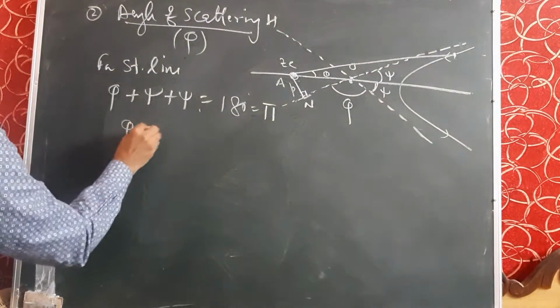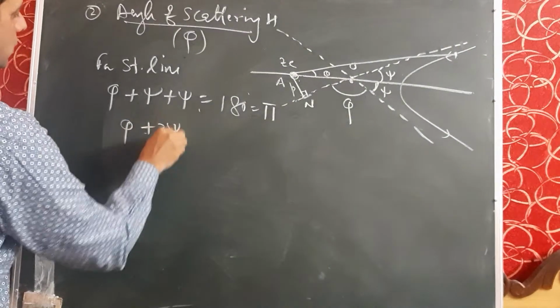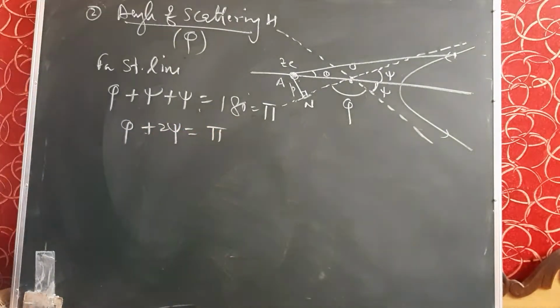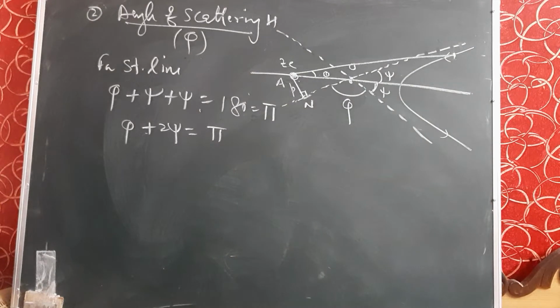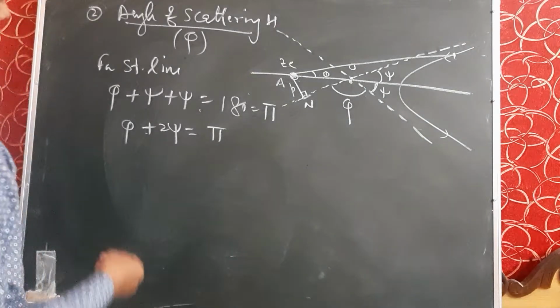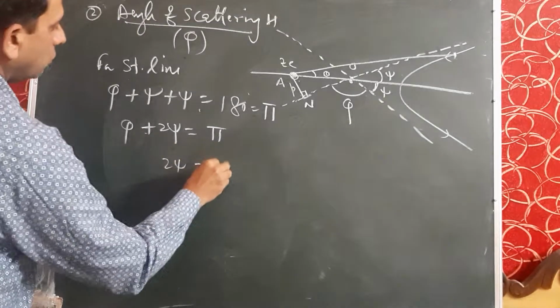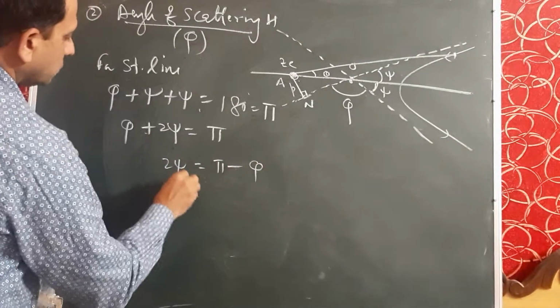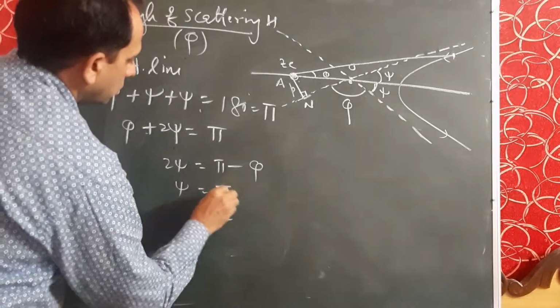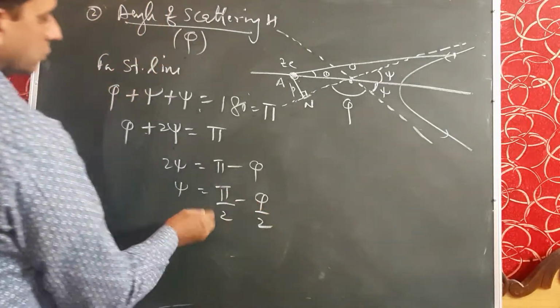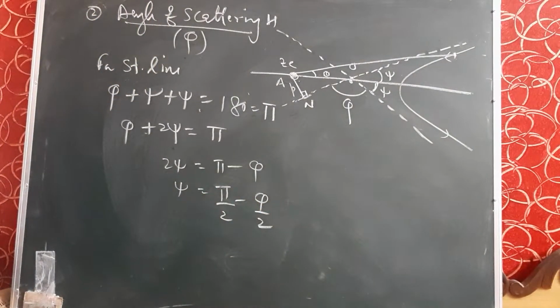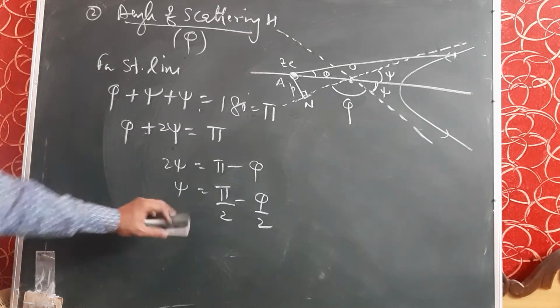So it will become phi plus 2 psi is equal to pi, and we will find the value for psi. So 2 psi is equal to pi minus phi, and psi becomes pi by 2 minus phi by 2. This is the value for psi, but we have to derive the value of phi.